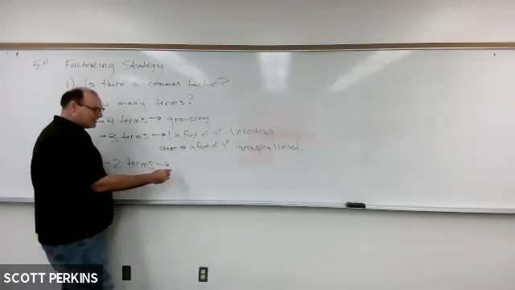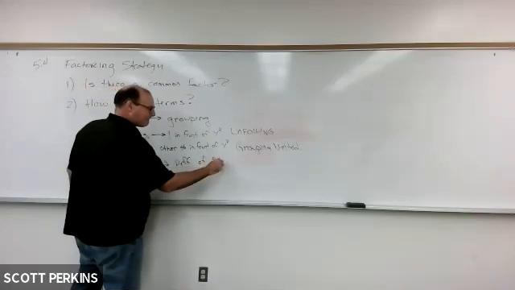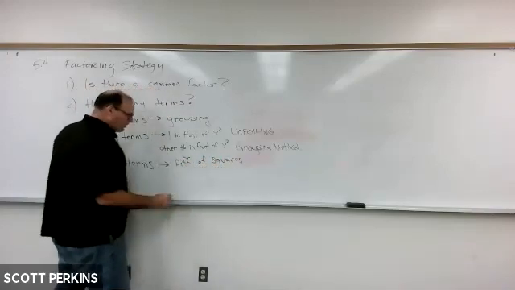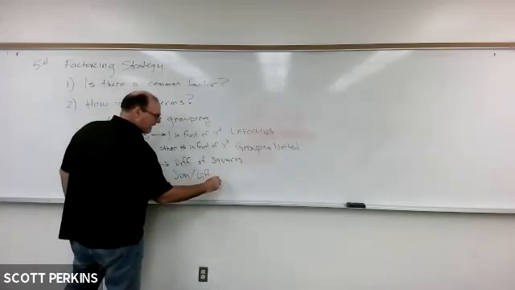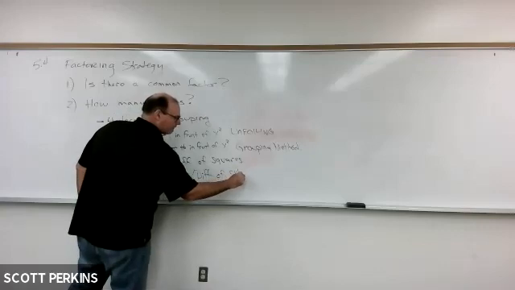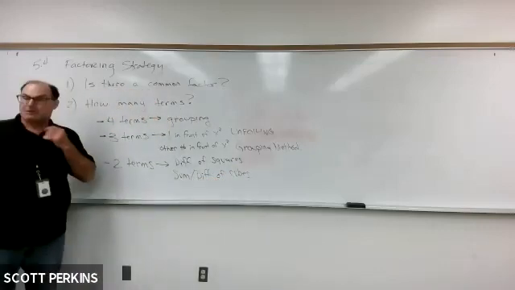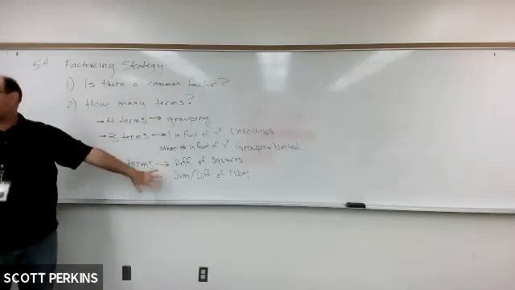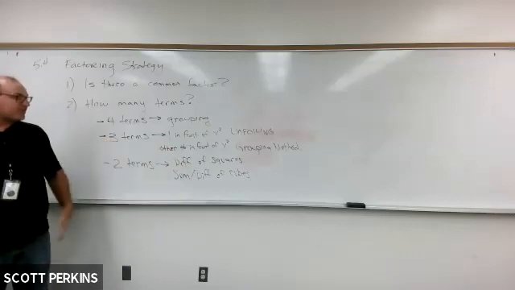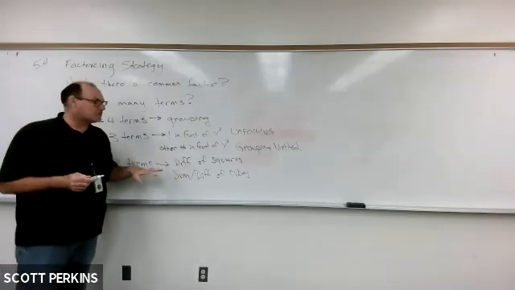Either you have a difference of squares, or you have a sum or difference of cubes, which we just talked about for a few minutes in the last section. That's all you know how to factor. These are the categories. So if you get down to something with two terms, and it's not a sum or a difference of cubes or a difference of squares, you're done with the problem.